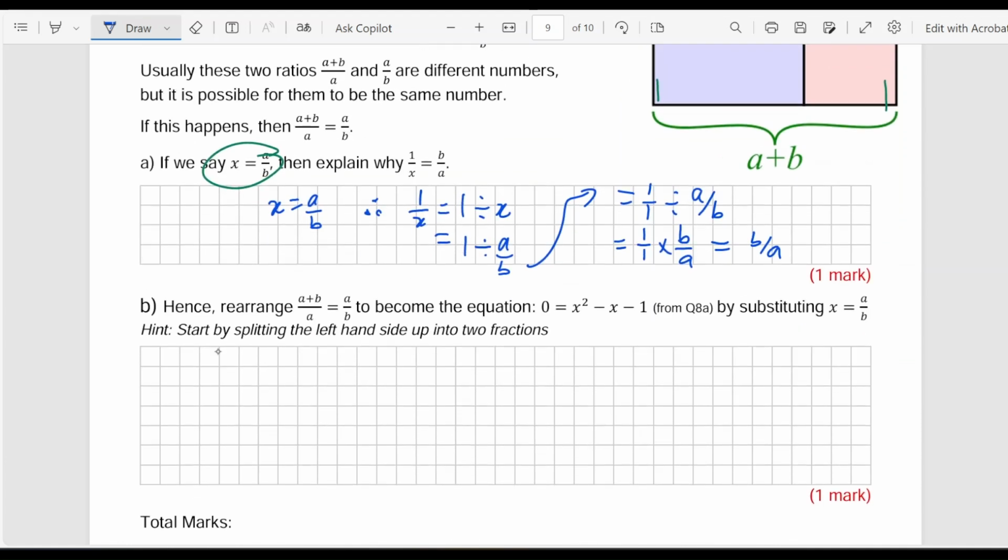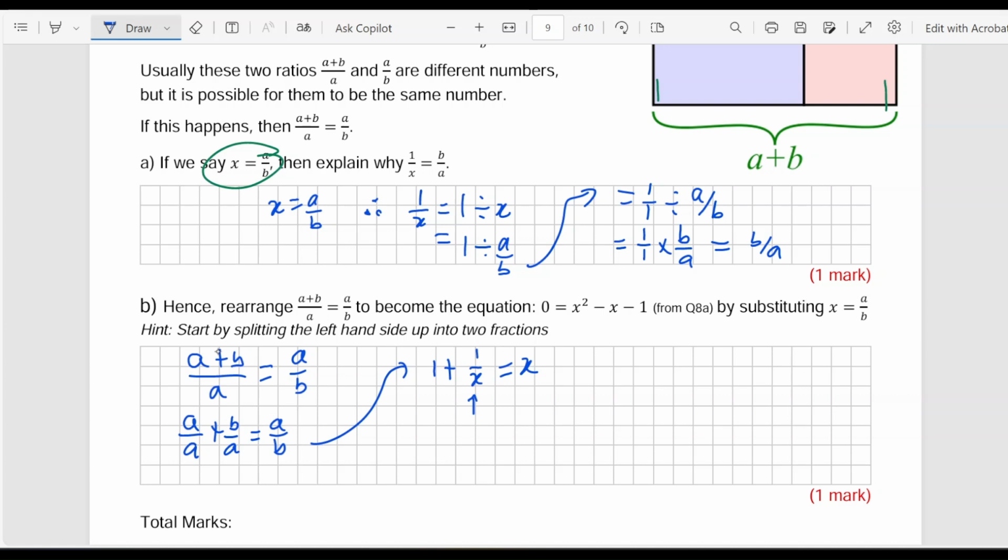Hence rearrange that. So we can start by going A plus B over A equals A over B. Split the left, A over A plus B over A is A over B. And then you're going to get A over A is 1, B over A is 1 over x, equals x.